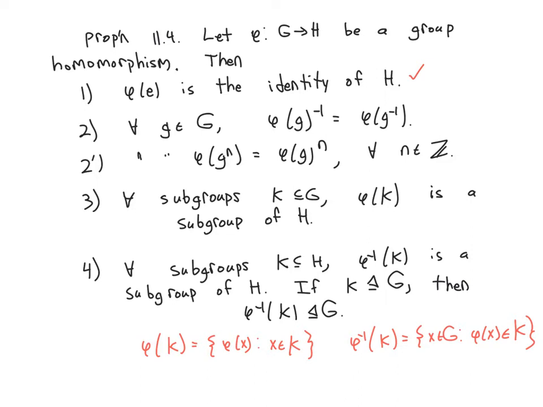So that proof actually holds for group homomorphisms as well. The same thing was true for properties 2 and 2 prime. They only used the multiplication property. So those results are true, and I'm only going to focus on these latter two facts for this video.